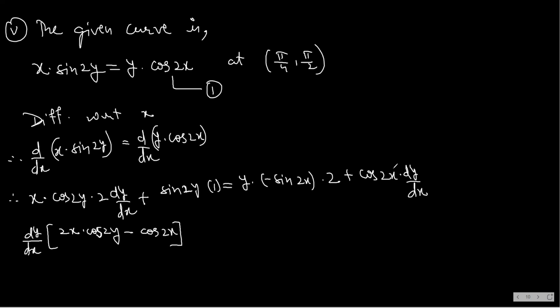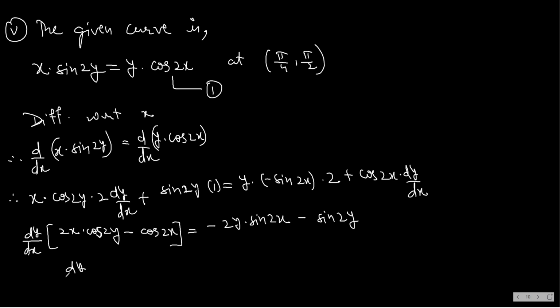This dy by dx I take to the left, equals minus 2y sin 2x minus sin 2y. What did I do? I shifted this to the right. So minus 2y sin 2x minus sin 2y.